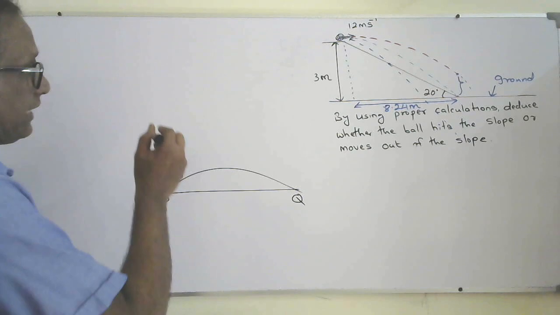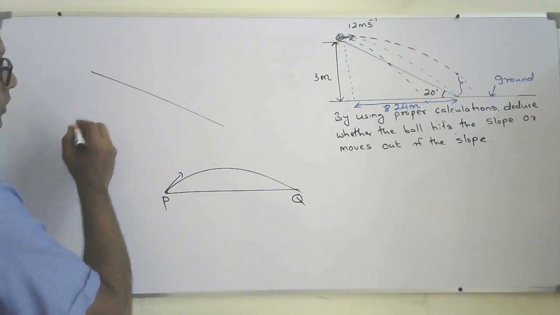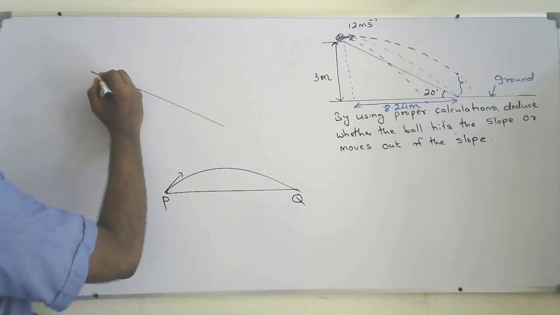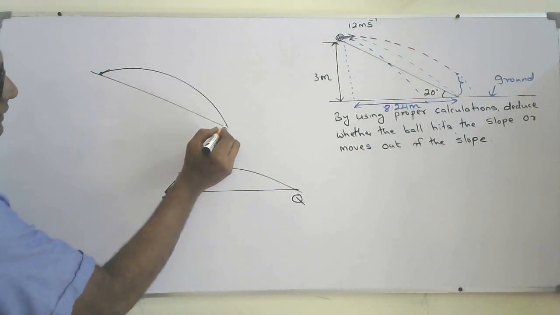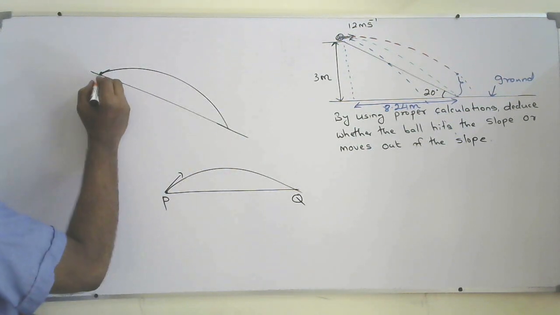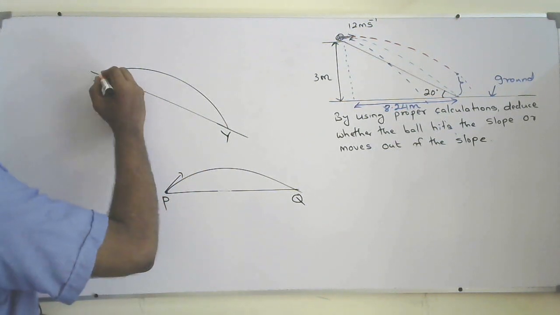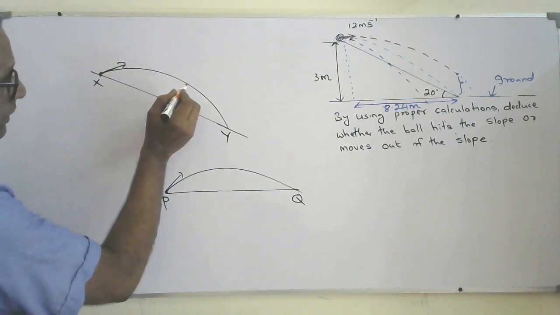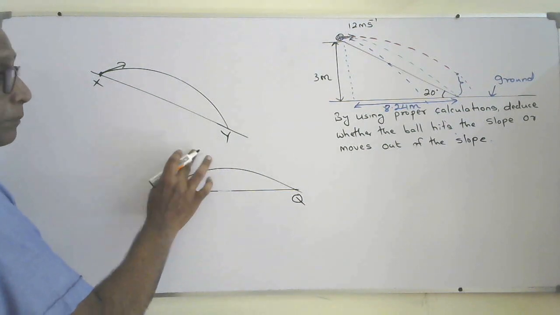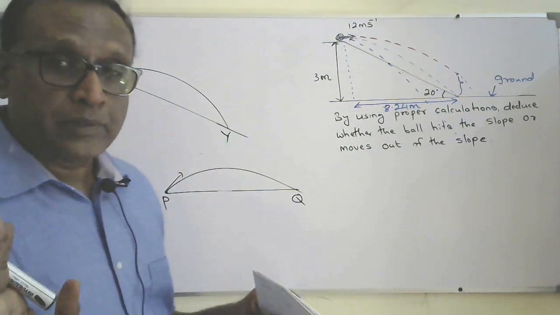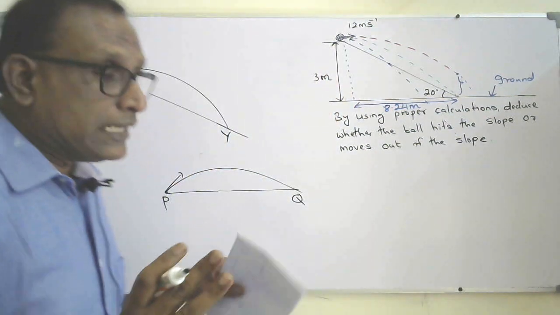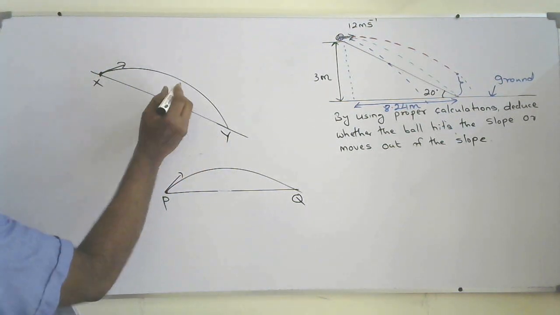In the same way, when I consider a slope, if something is projected at an angle like this, and it follows a path like this on the slope, and if I name this x and y, when the projectile moves from x to y, here we don't say perpendicular displacement, we say displacement perpendicular to xy.